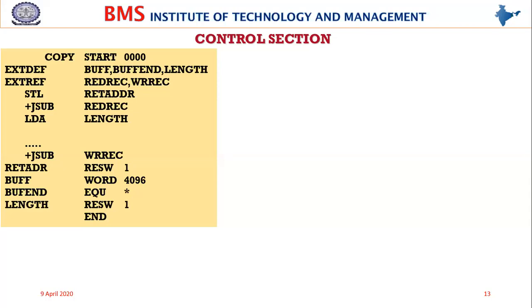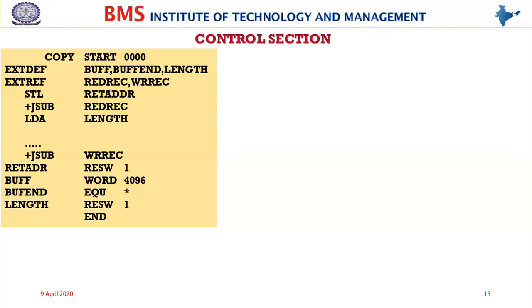It is JSUB RDREC, and you see RDREC is an external reference. That means it is not defined in this section but defined somewhere else, in another control section. And remember, when we make external references, which are not defined here, we cannot use displacement.